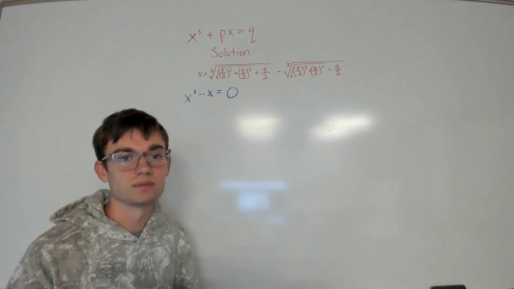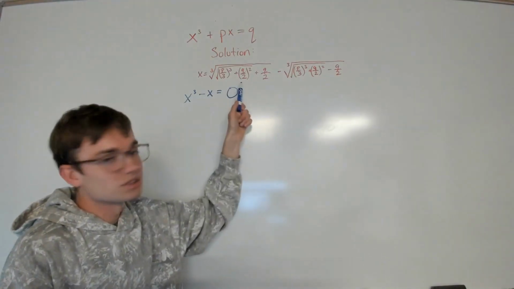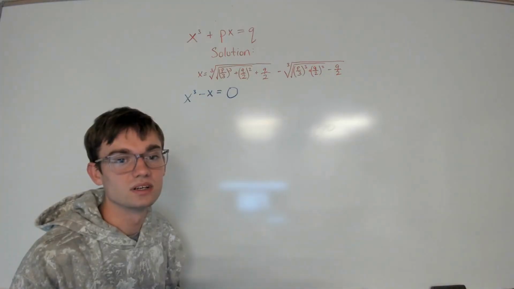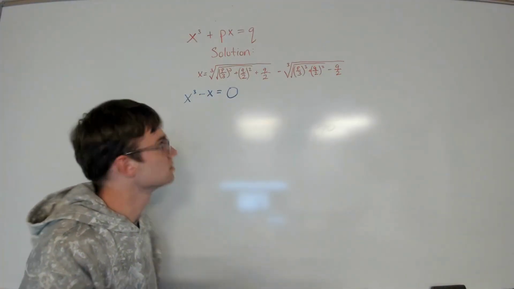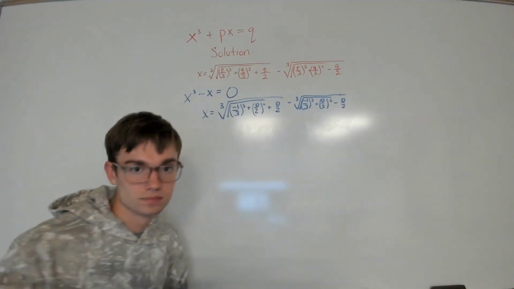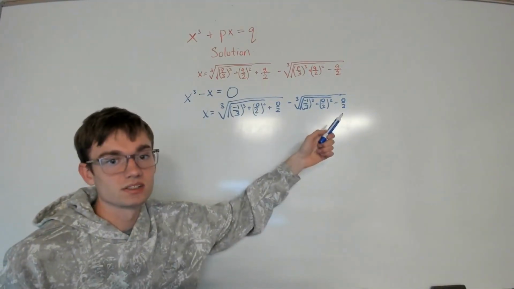Now, let's see what happens when we plug in to the general solution for the depressed cubic. Remember, p equals negative 1 and q equals 0 in this case. All these terms with 0 in them will just cancel out.